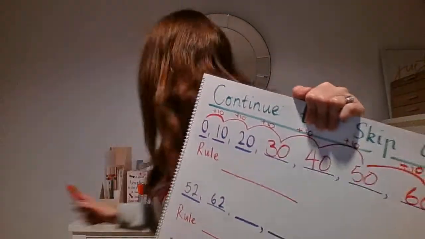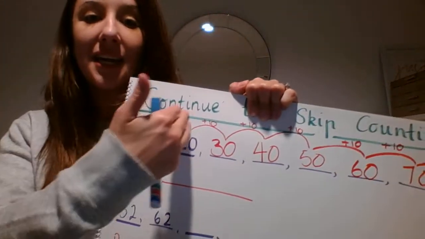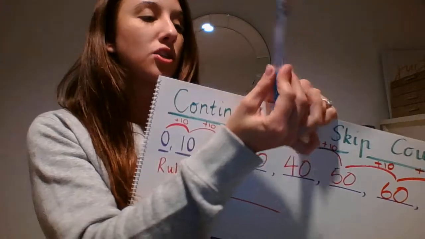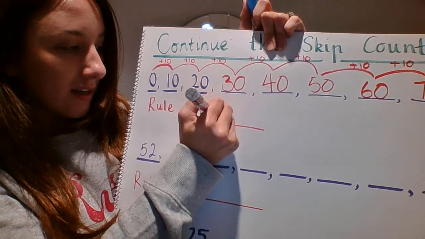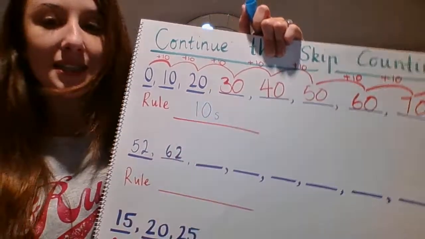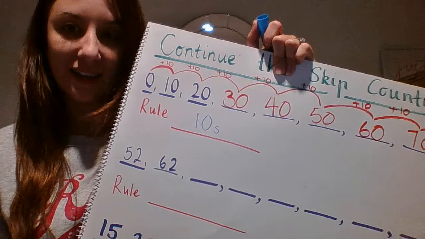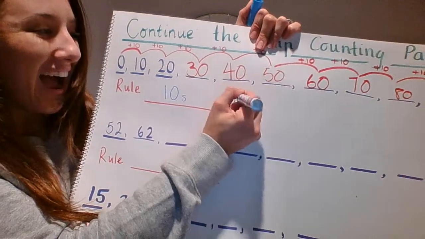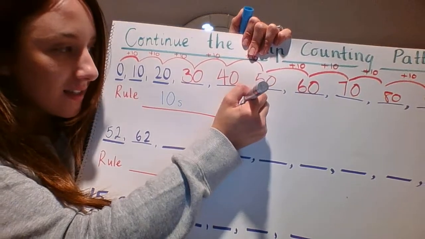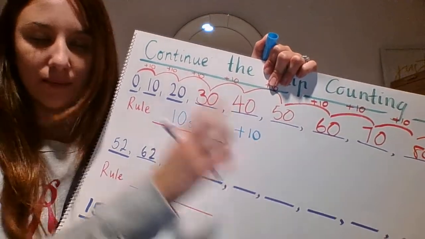We know that 10 was added each time we jumped, so our skip counting rule is tens. We are skip counting by tens. Or you could even write the rule is to add 10 each time. I don't mind which way you write it.